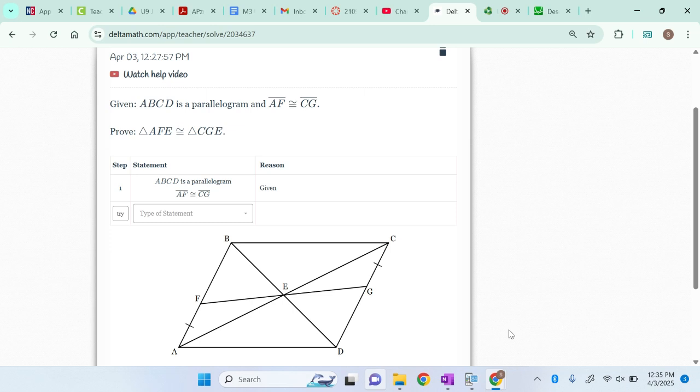So in other words, opposite sides of a parallelogram are parallel. Now we can say, it doesn't say anything about transversal, right, in the statements?